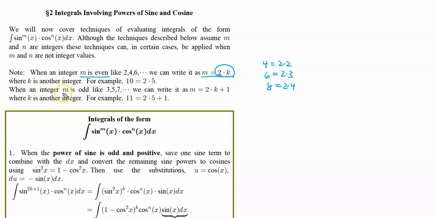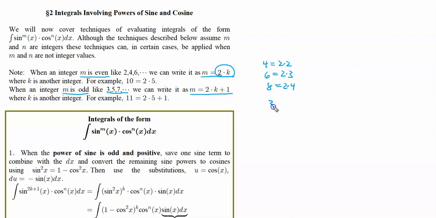Now, if m is an odd integer, like 1, 3, 5, 7, 9, 11, and so on, that means it can be written in this form: 2 times another integer plus 1.